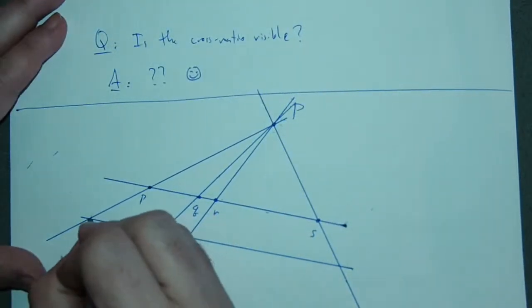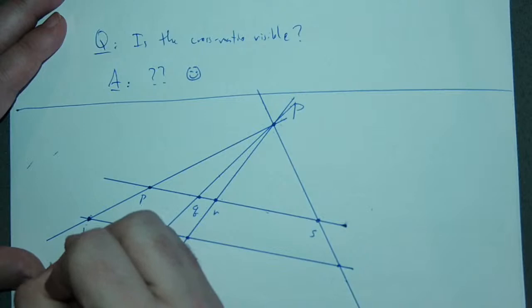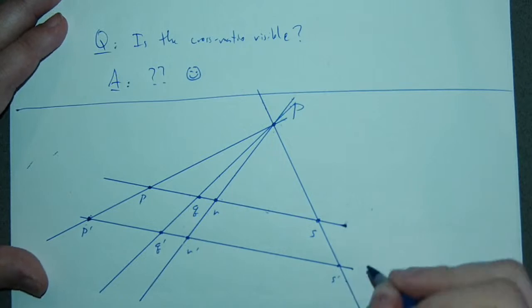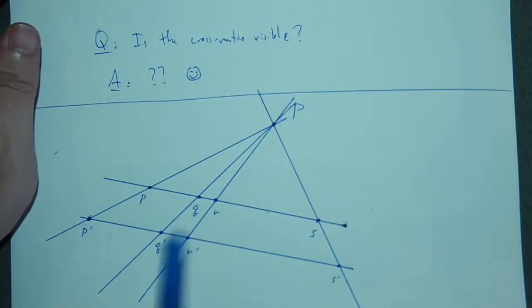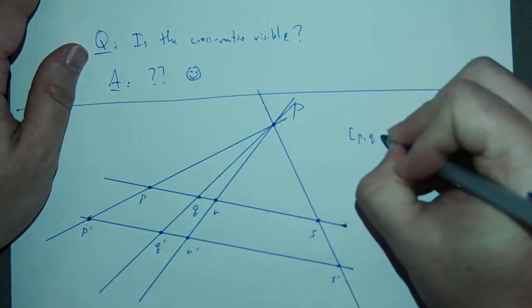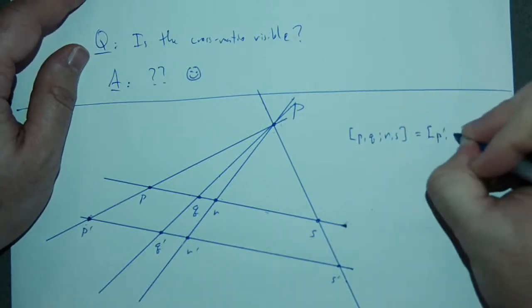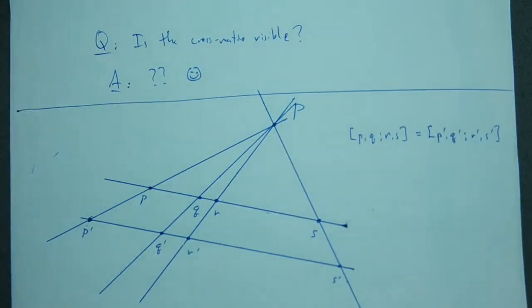So I get points that look like the following. Here's P prime, here's Q prime, here's R prime, and here's S prime. So what must be true is that the cross ratio of the 4 points P, Q, R, S must be equal to that of P prime, Q prime, R prime, S prime.